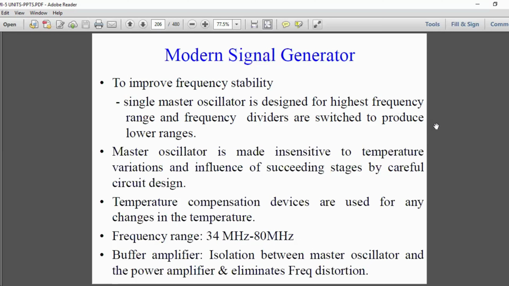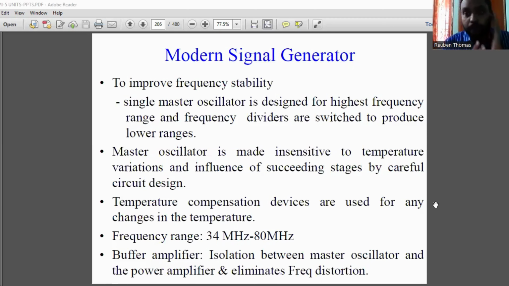The master oscillator is made insensitive to temperature variations and the influence of the succeeding stages by careful circuit design. Then temperature compensation devices are used for any changes in temperature. The frequency range for modern signal generators is from 34 megahertz to 80 megahertz.